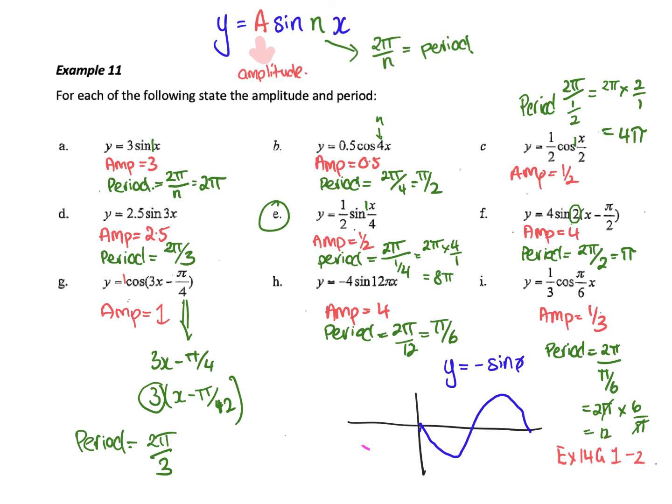There can be practical applications, and there's no pi there; it's just a number. So it takes 12 along the scale for this graph to get through a full cycle.